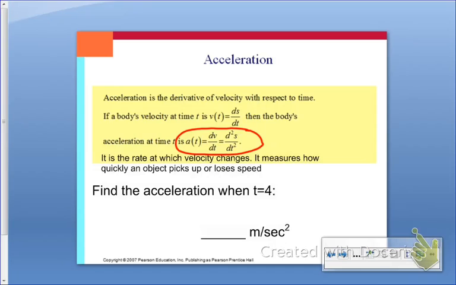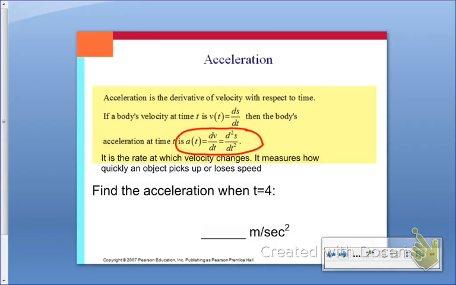Because remember that the absolute value of velocity is speed. Speed is just not paying attention to the direction of your velocity. That's why we don't say that you're going negative 50 miles per hour if you're driving backwards down the highway. Speed is always positive and relative to velocity. It's just looking at the positive portion of it.